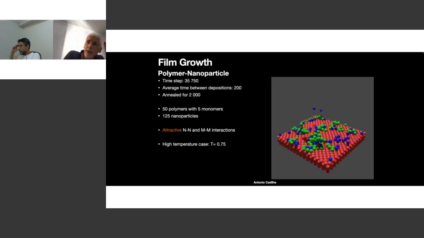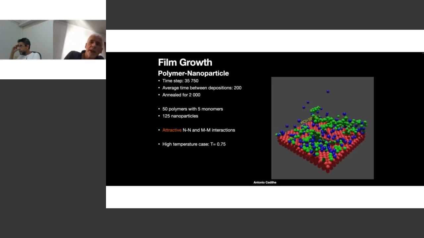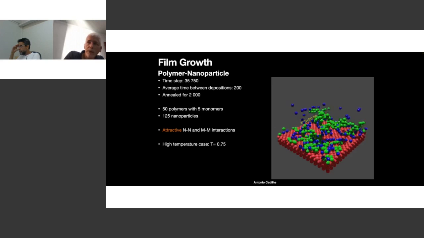There is a typical time scale for that, and this leads other particles that are depositing to attach to those, and therefore the roughness of the film changes over time very rapidly.